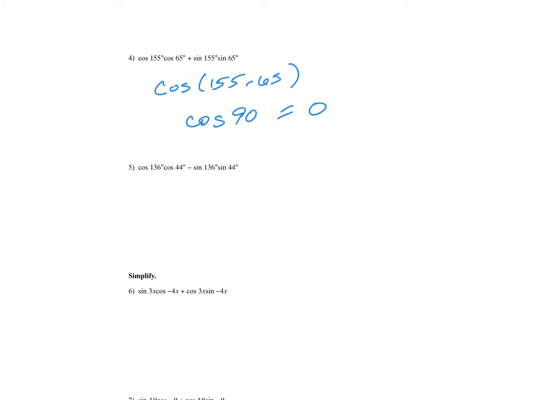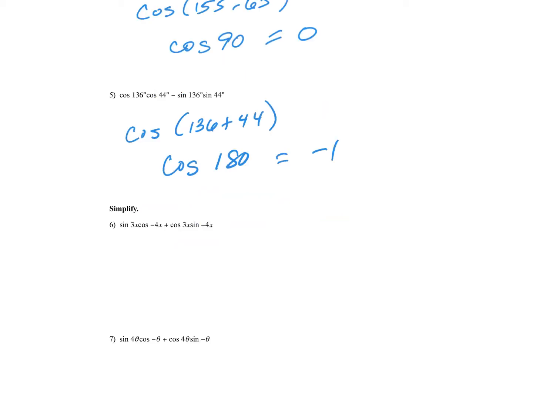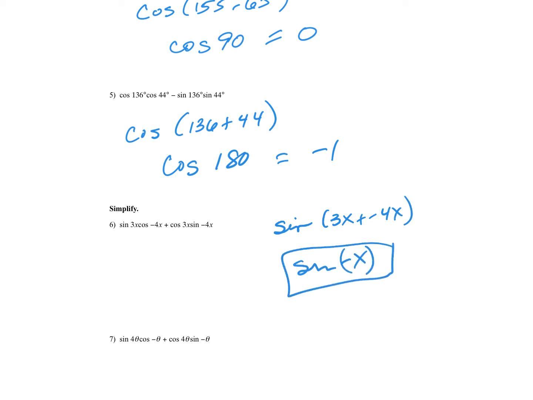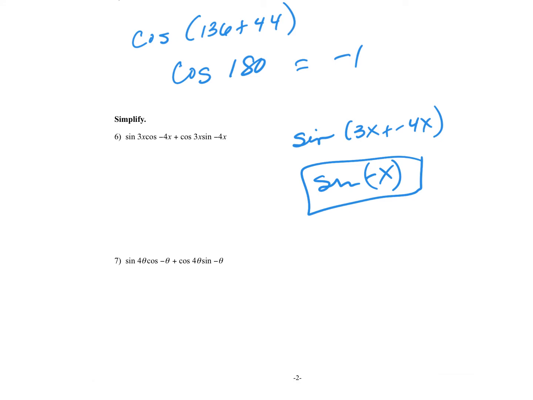Now if you have cosine minus sine, that's going to be the cosine of the first guy plus the second guy, which is the cosine of 180, which is -1. And this is sine, cosine plus cosine sine, which is the sine of the first guy plus the second guy, which is sine of -x. These are pretty easy if you use your formula sheet.